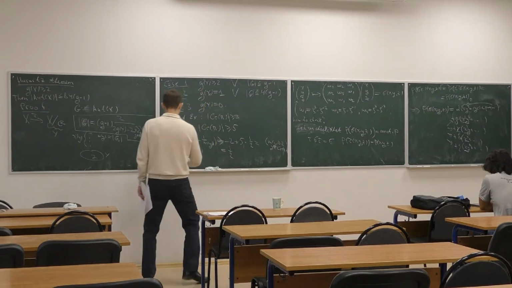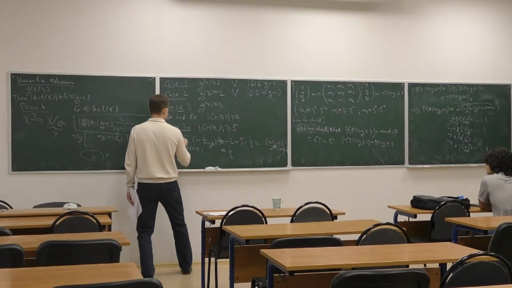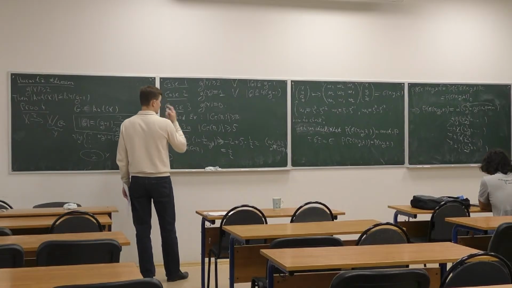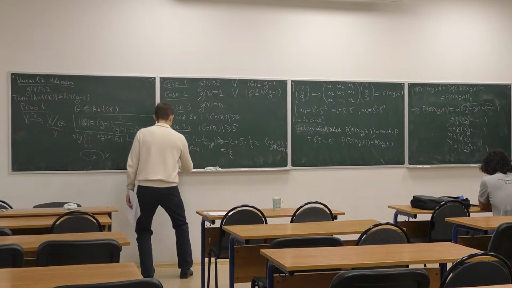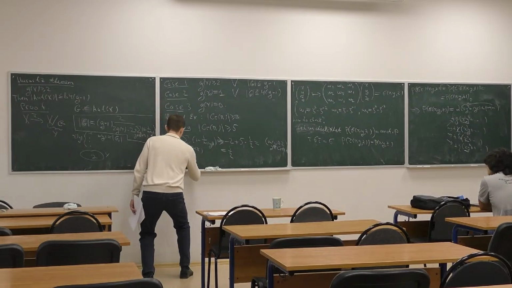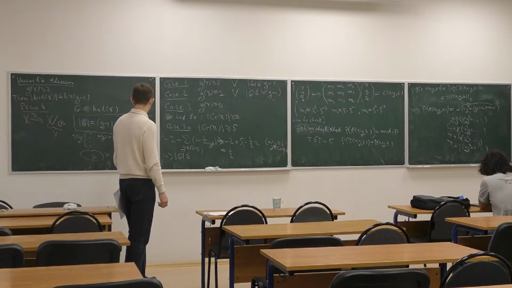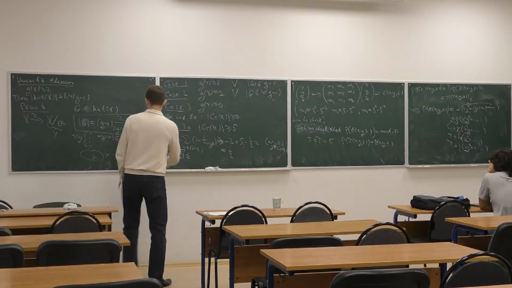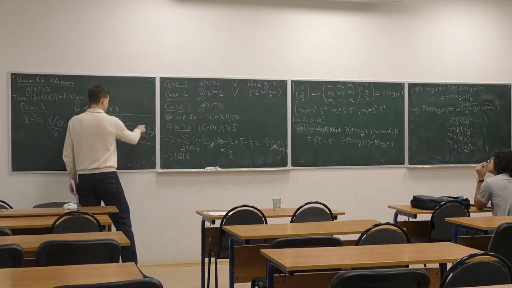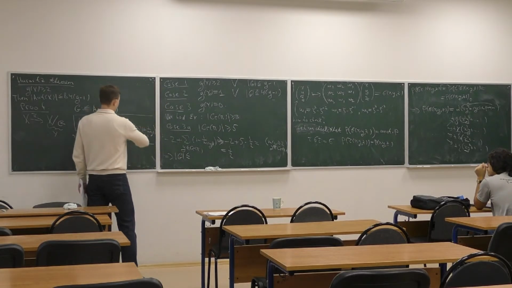And then in this case, what is the bound for the order of the automorphism group? Yeah, 4g minus 1, because here we have 2, and we get the minimum 1/2 for the denominator.